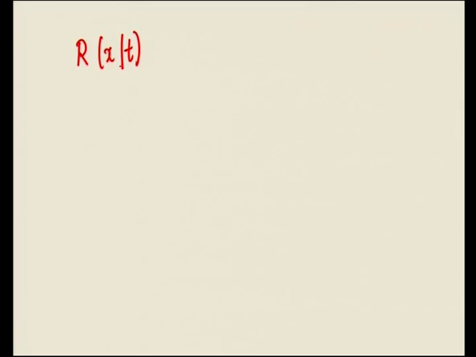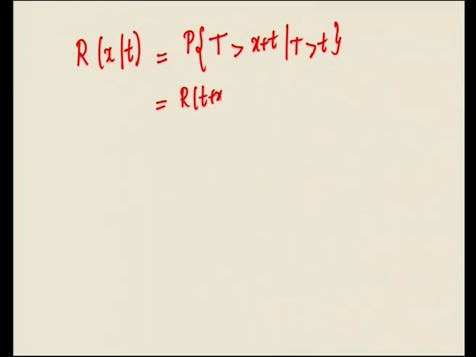How do we write this? It is the probability that the random variable, the lifetime of the device, is greater than x plus t, given that it is greater than t. So this we have already seen, the conditional probability R of t plus x divided by R of t.